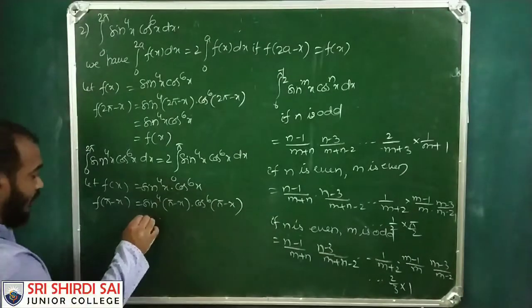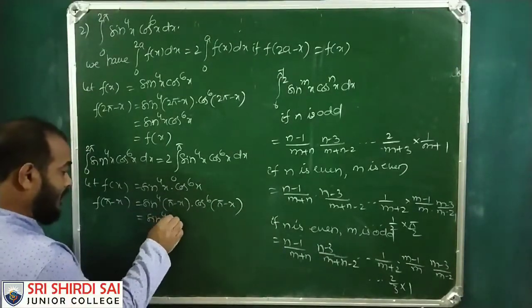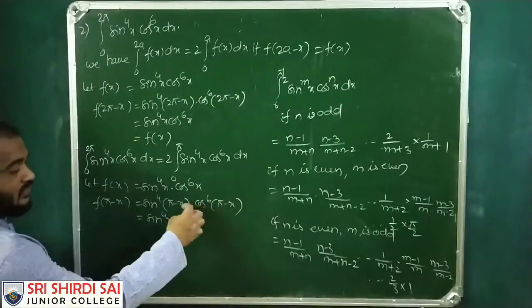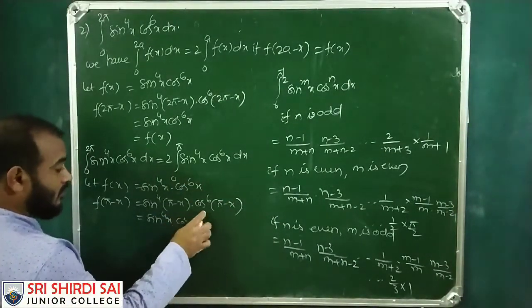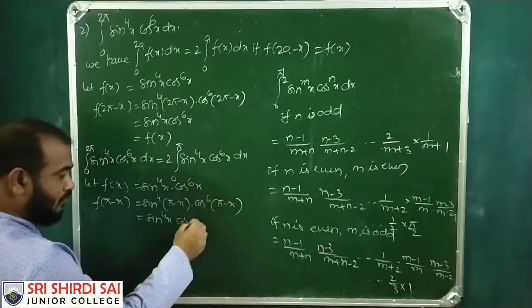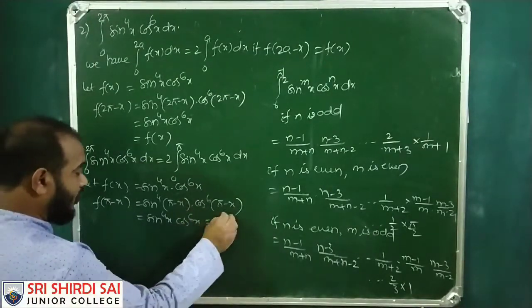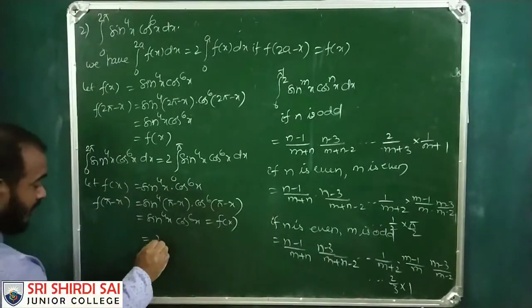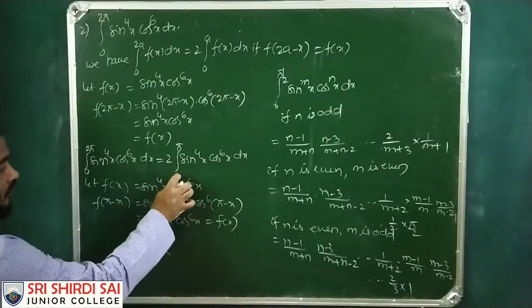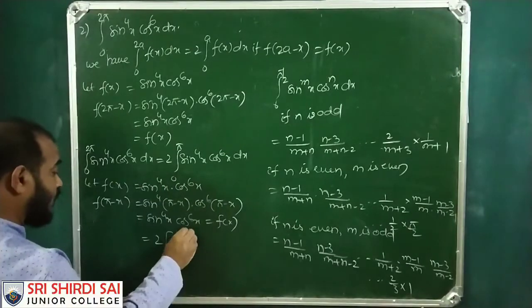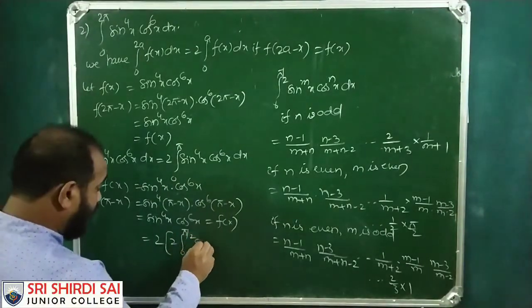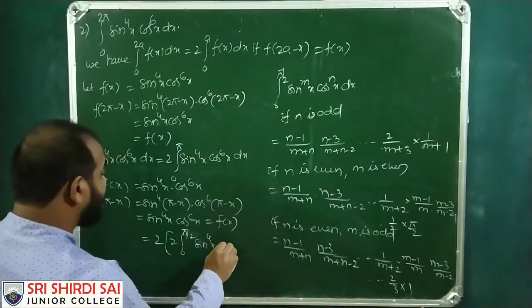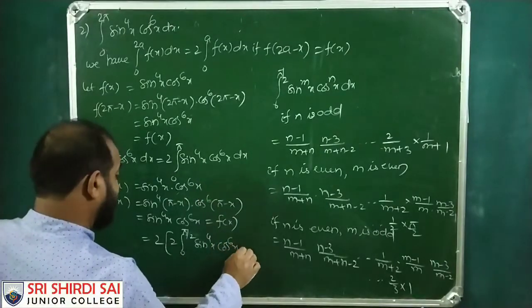So sin power 4x. But cos 180 minus x is minus cos x whole power 6. Even power makes minus positive only. So we get f of x only. So therefore this can be 2 into 0 to pi becomes 2 integral 0 to pi by 2 sin power 4x into cos power 6x dx.